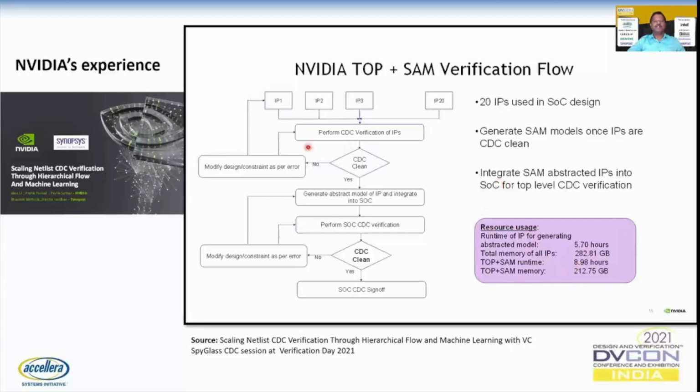Please note, in this flow, they did not go through qualification of abstract models, as compared to traditional or certain hierarchical approaches. You need to perform the block to top validation as well as the abstract model validation. SAM flow takes care of reusing this abstract model at top level runs and helps the design team perform SoC level CDC analysis. So let's go through the performance comparison on the next slide.